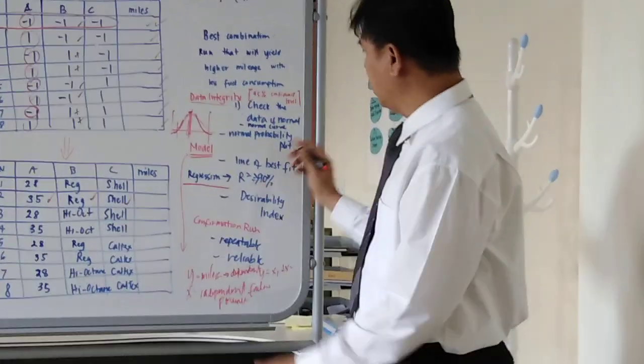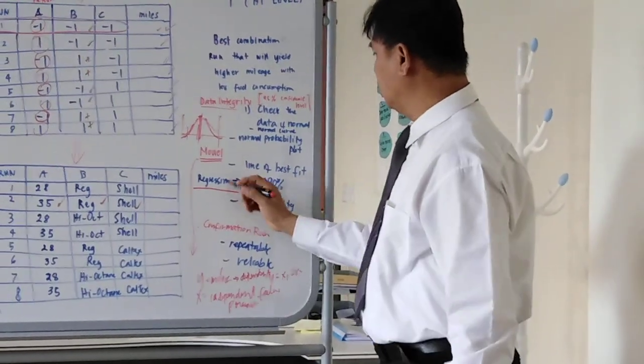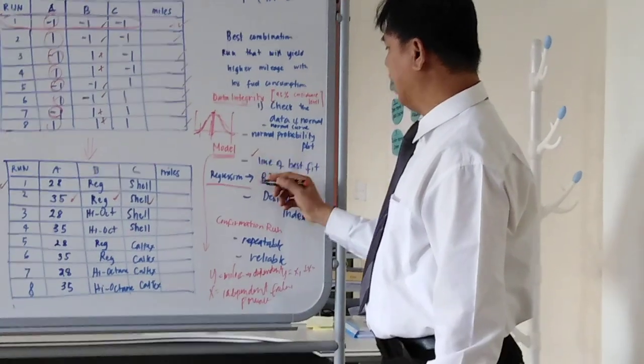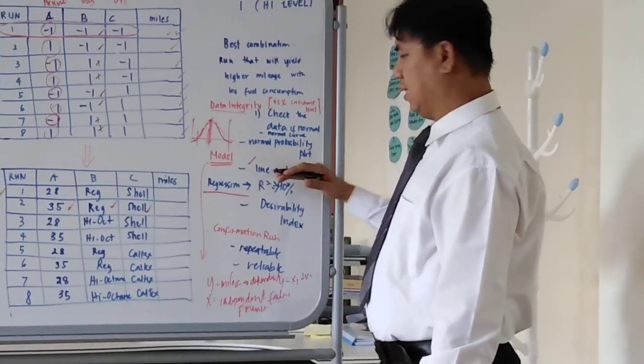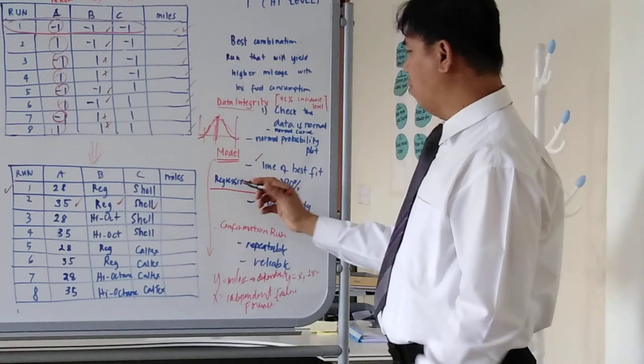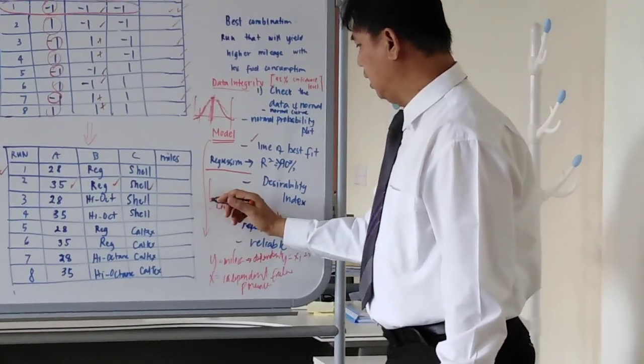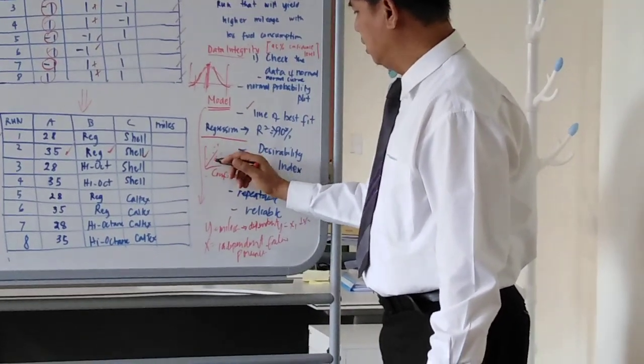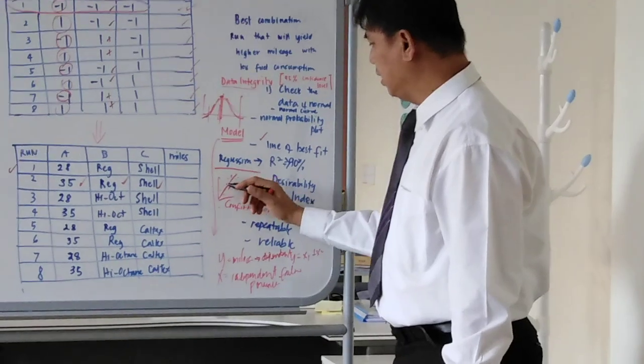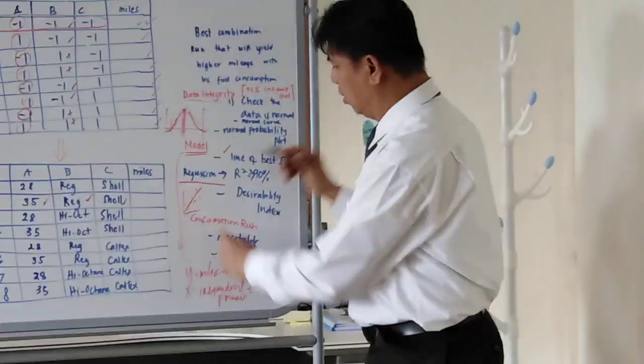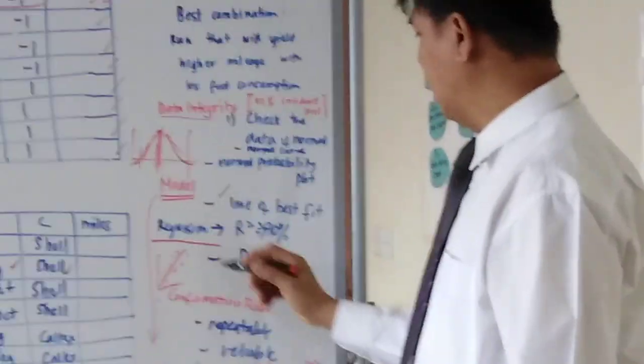we have cited. So when we test the regression, we should have this test of line of best fit. It should fit the model in the linear, so the scatter plot should be near, or have less error, with respect to the linear line.